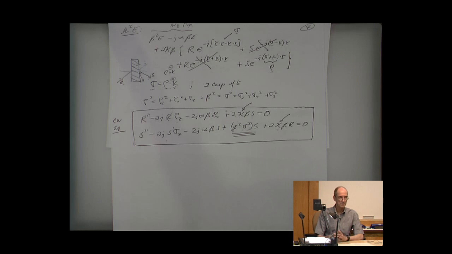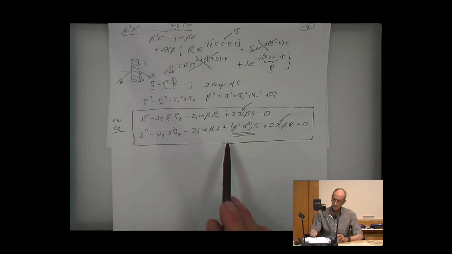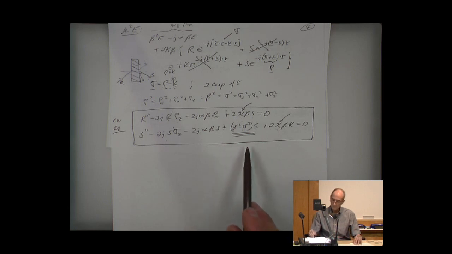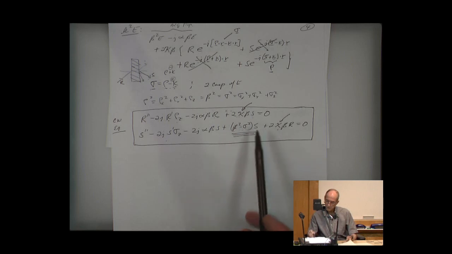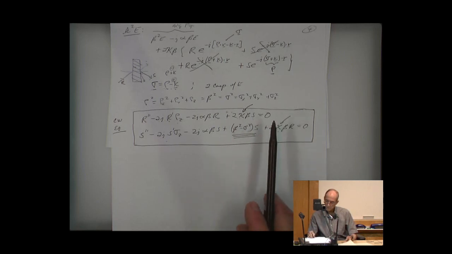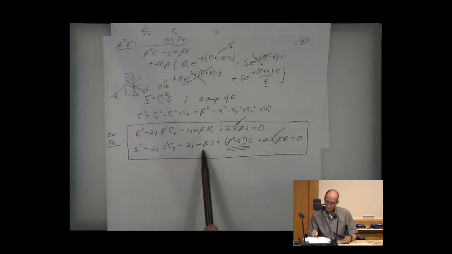Yes? I think it's really just the third term in the second equation. Why is beta squared minus sigma squared not equal to 0 when right above the box you said beta squared equals sigma squared? Which term? This third term? This one? Or the fourth term?